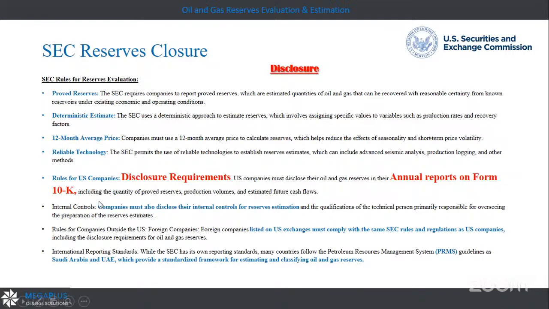And finally, as I mentioned, if a company is dealing with the US stock market, I have to make a disclosure. There is a form called the 10-K form. All the companies dealing with the US must have this annual report form.